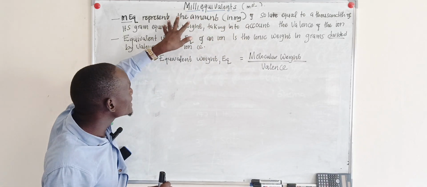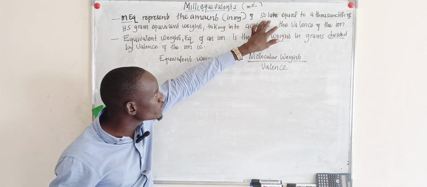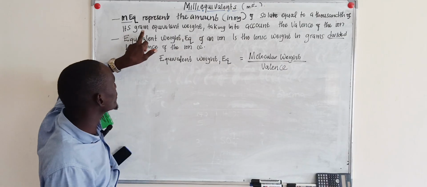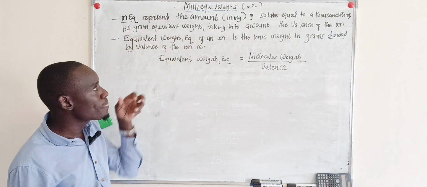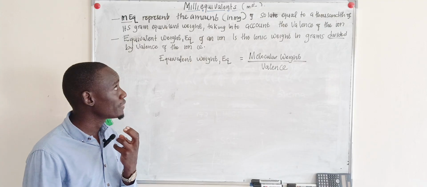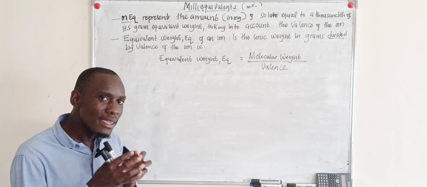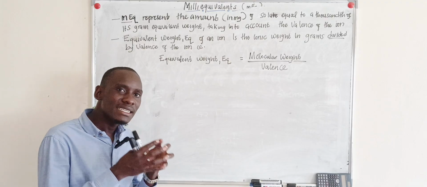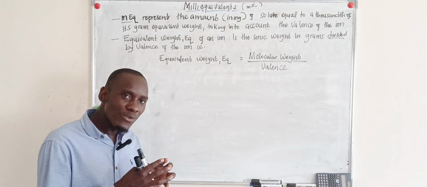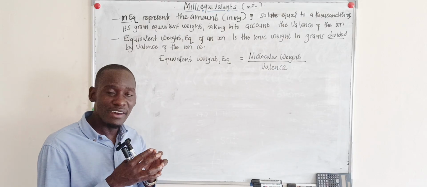It represents the amount in milligrams of solute equal to 1,000th of its gram equivalent weight, taking into account the valence of the ion. So every time we talk about milliequivalent, we mean the amount in milligrams equal to 1,000th part of its gram equivalent weight.